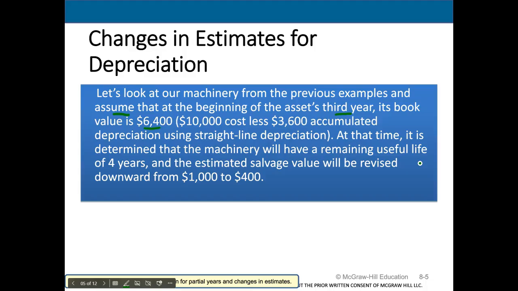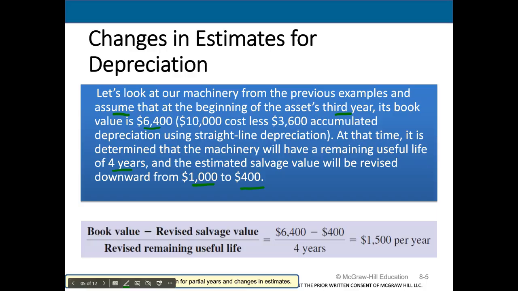At that time, it is determined that the machinery will have a remaining useful life of 4 years, and the estimated salvage value will be revised downwards from $1,000 to $400. So we have to calculate a new depreciation expense using that information. The way you do it is you take the book value, which we know is $6,400, minus the revised salvage value, the new residual value of $400, and you divide it by the revised remaining useful life of 4 years.